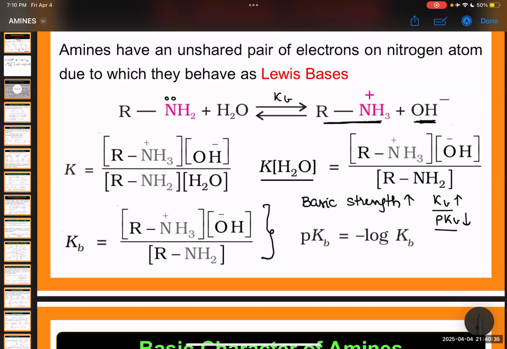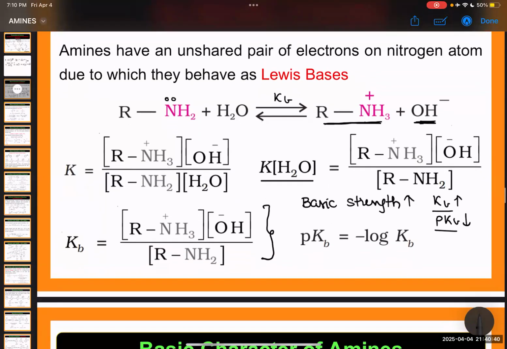Why am I telling this? Because sometimes they ask you to compare the basic strength, so that's a direct question. Sometimes they ask you to compare the Kb order. So Kb order and basic strength order are going to be the same. More basic, more Kb. Got it? Clear? But if they ask you to compare the pKb order, pKb and basic strength are inversely related.